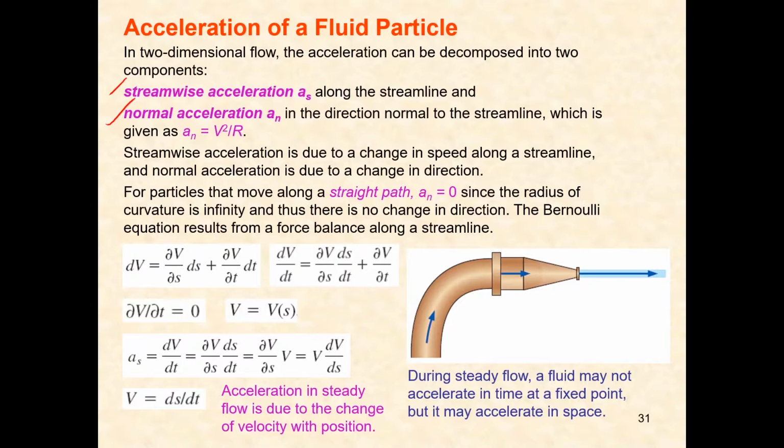The Bernoulli equation results from a force balance along a streamline. The equation shown here is similar to the one that we've seen in the momentum equations, where the total acceleration is equal to the local acceleration plus the advection. This is the total acceleration, and this is the local acceleration, which is a function of time.